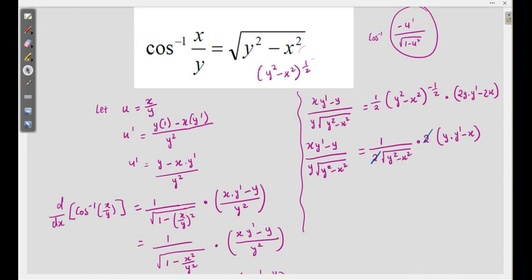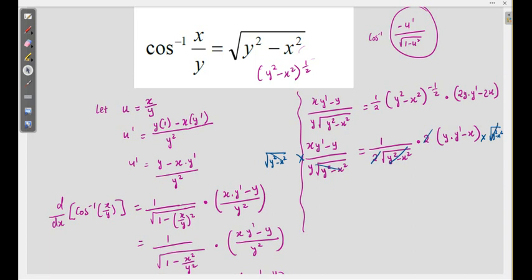Then when you multiply both sides by the root of y squared minus x squared, and do the same thing here, this will cancel that, this will cancel that.